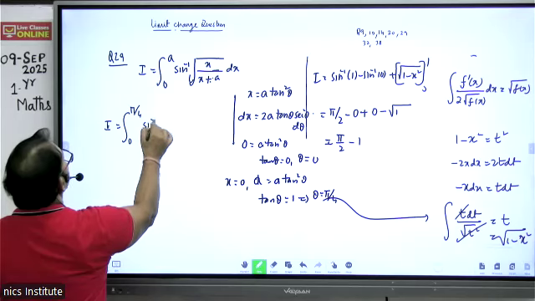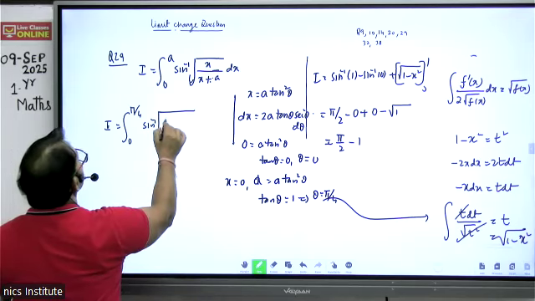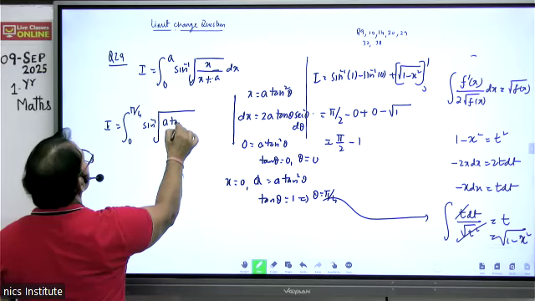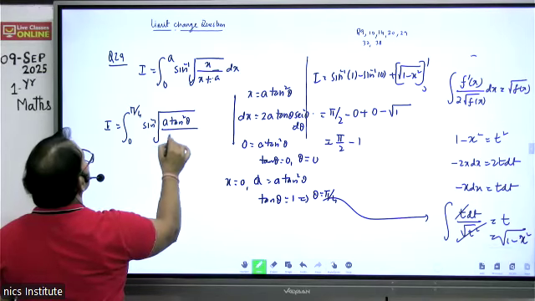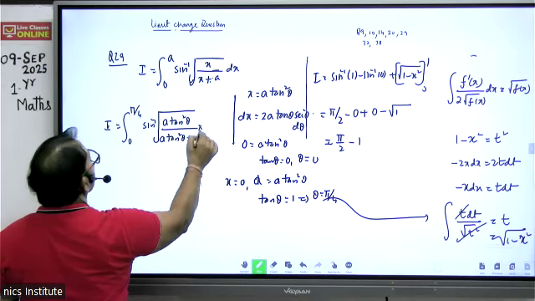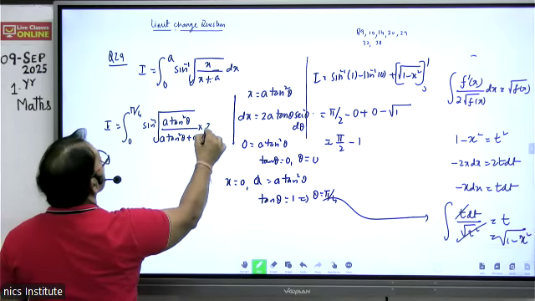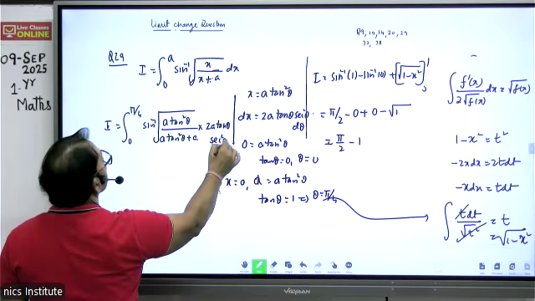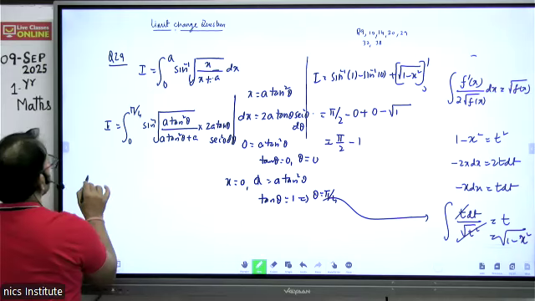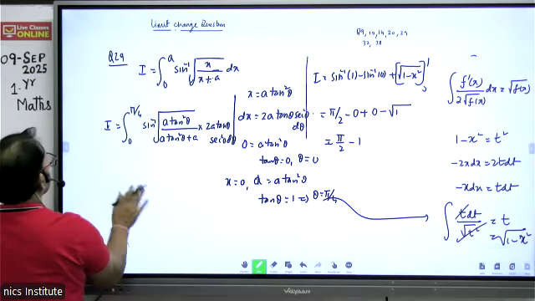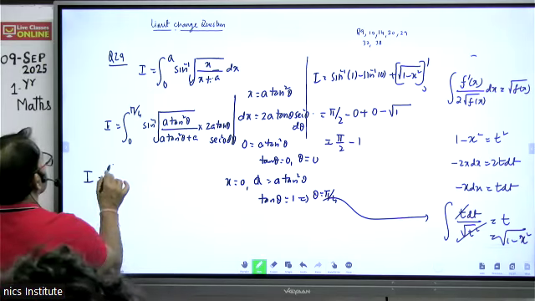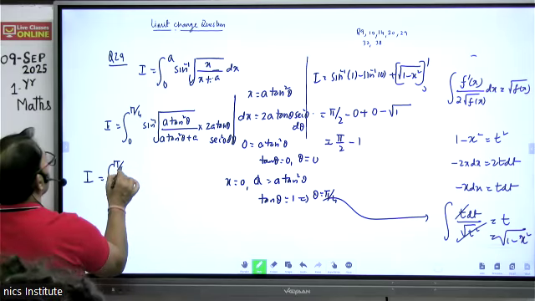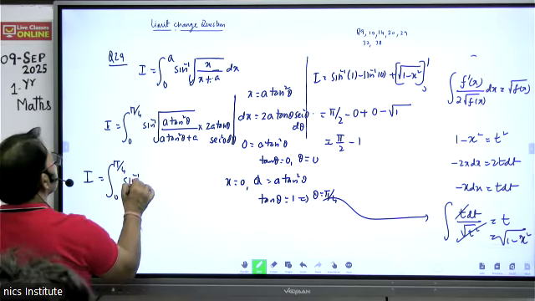So sine inverse root of a tan square theta over a tan square theta plus a, and dx is 2a tan theta sec square theta d theta. So I would be the integral from 0 to pi by 4 of sine inverse.